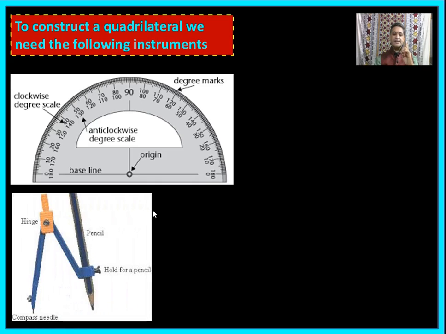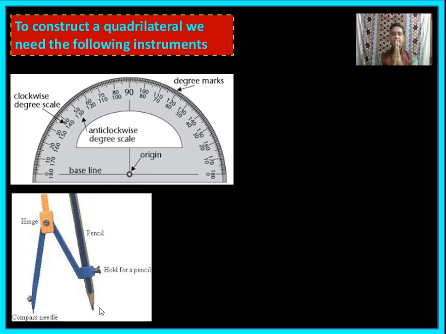And the second one is the compass. In the compass, there is a needle point and a pencil. Both the needle point and the pencil touch the table when you put it on a table.